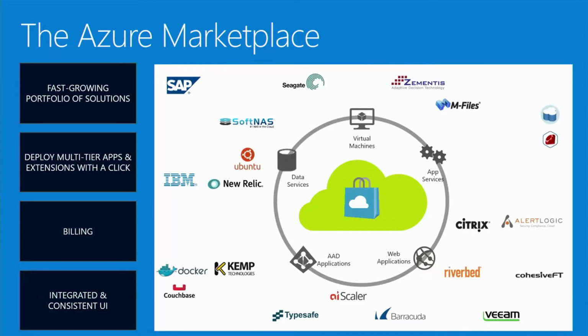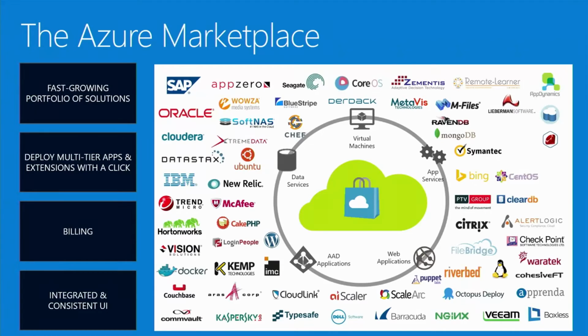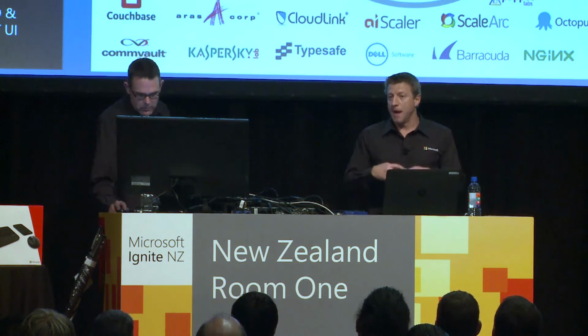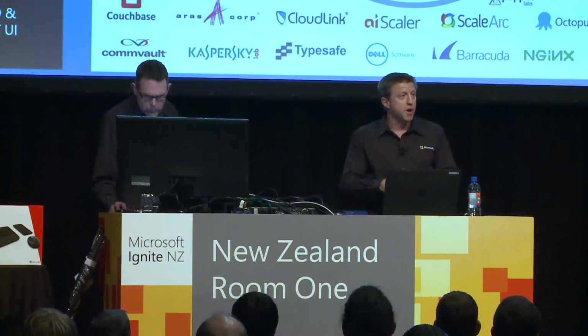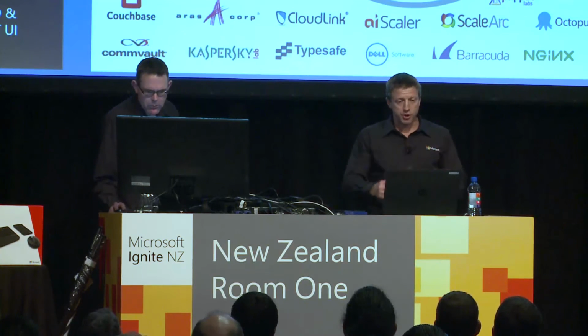Okay, so the Azure Marketplace. The growth in the marketplace is phenomenal. This is where you can get templated, certified applications from Microsoft, from third-party vendors, and from the open source community. Certified means it's going to run. It's great to see SAP, Oracle, and IBM DB2 running up in Azure, certified for running in Azure.